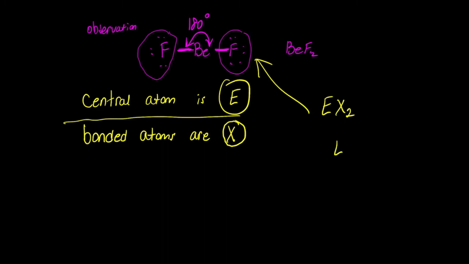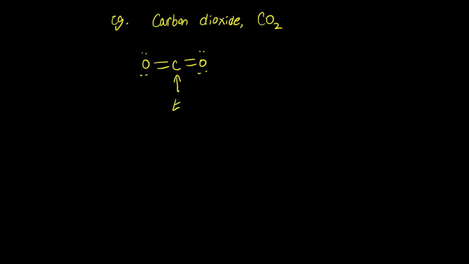Okay, where you have a central atom bonded to two atoms. All right. Another example would be carbon dioxide. Carbon dioxide we're familiar with is CO₂. We've already drawn the Lewis structure of this many times. This is the E, all right?